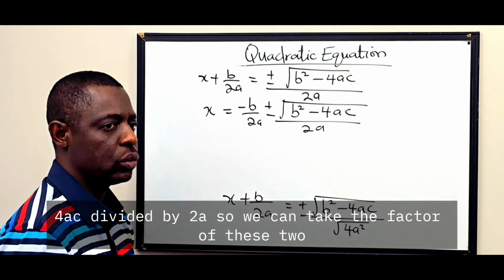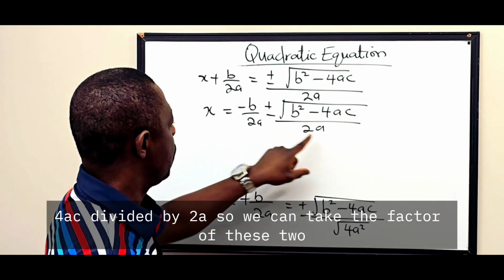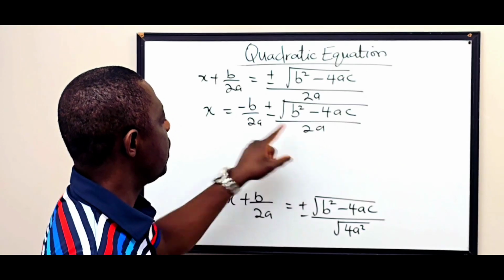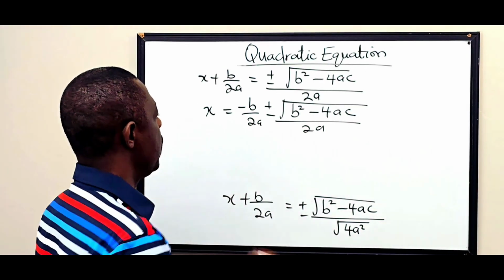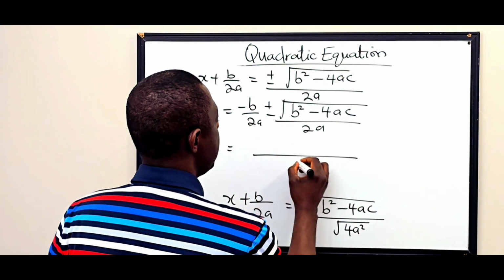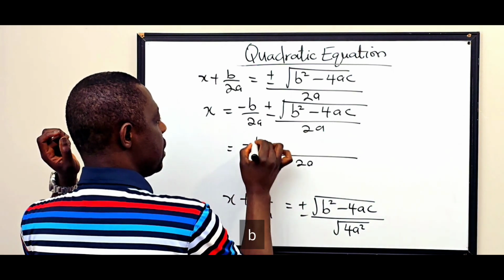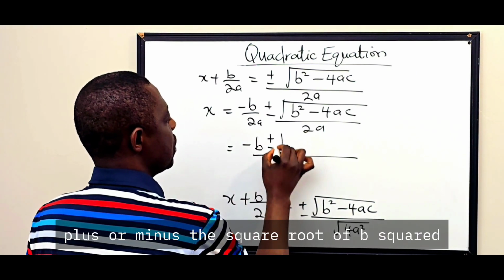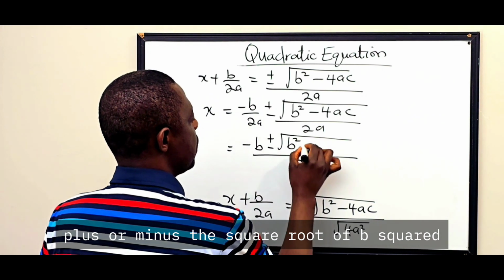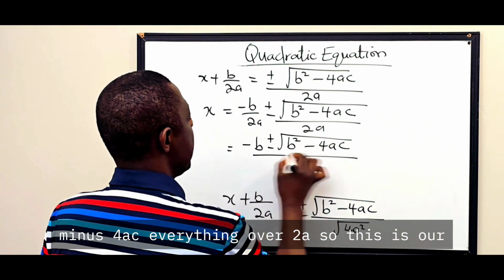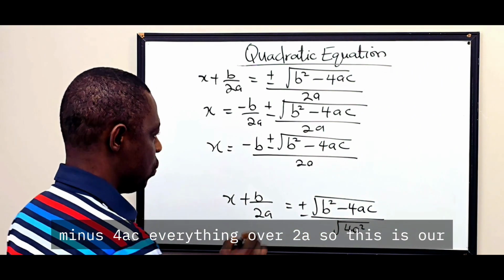So we can combine these two. The common denominator here is 2a. So we have x equals minus b plus or minus the square root of b squared minus 4ac, everything over 2a.